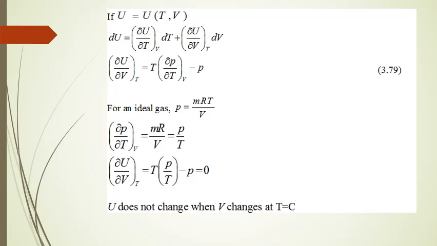Now for an ideal gas, P is equal to mRT upon V. Now del P upon del T when V is constant is equal to mR upon V, which is equal to P upon T. And del U upon del V when T is constant is equal to T into P upon T minus P. We have substituted the value of del P upon del T when V is constant, which came out to be P upon T, in equation 3.79, and we get del U upon del V when temperature is constant equal to 0.